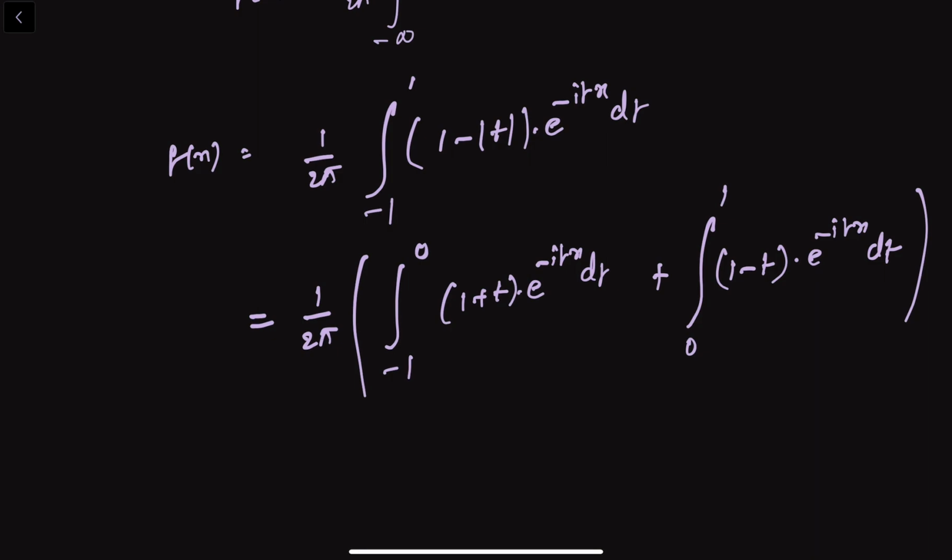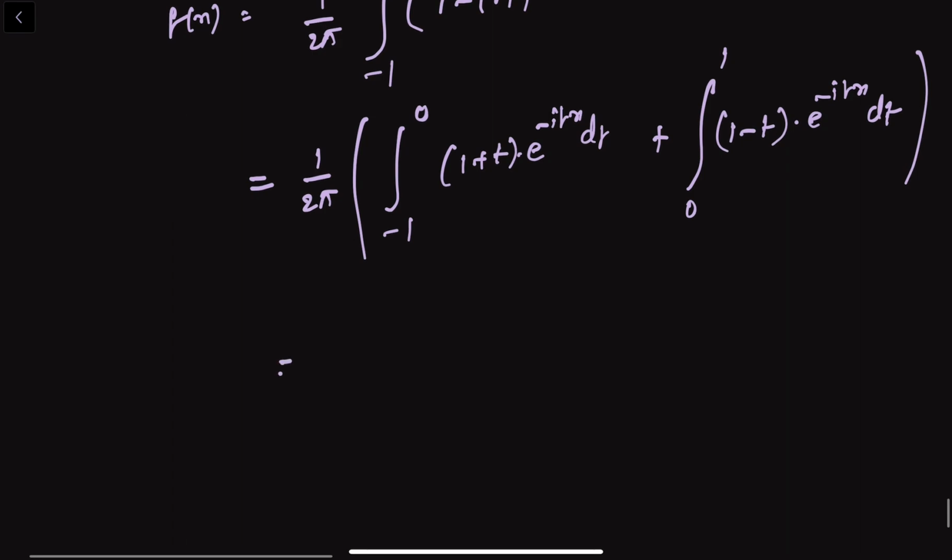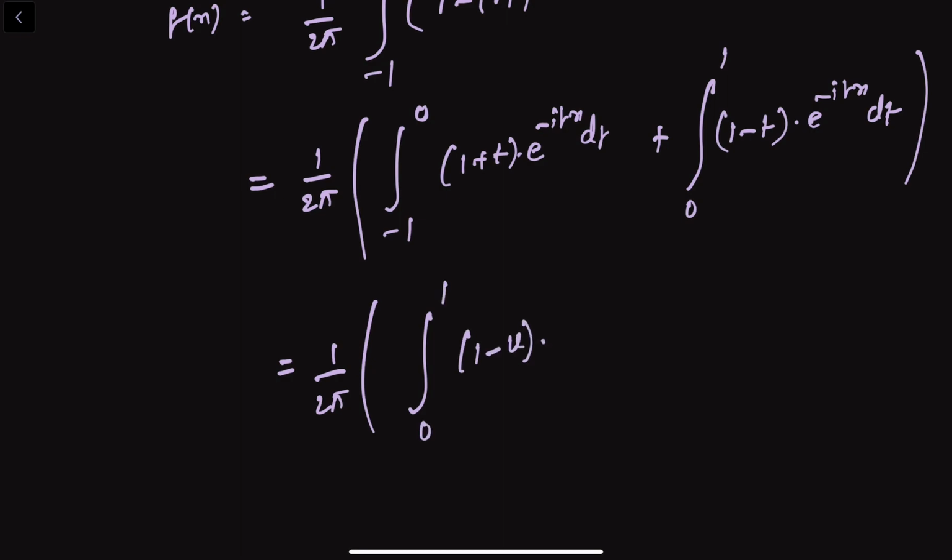In the first integral, suppose I substitute t as minus u, so this is integral 0 to 1 of 1 minus u, e to the power iux du, plus integral 0 to 1 of 1 minus t into e to the power minus itx dt.